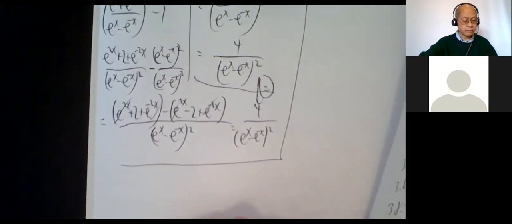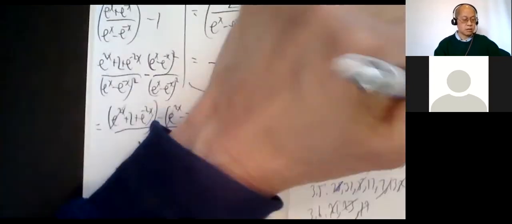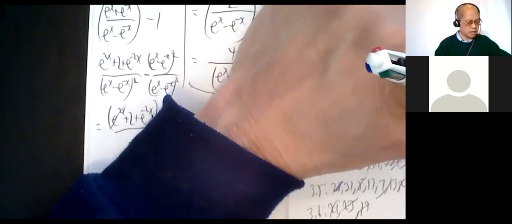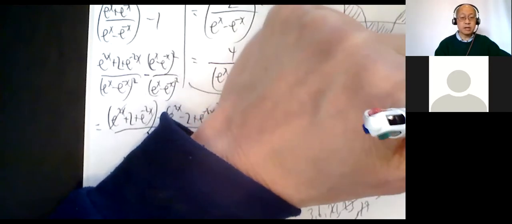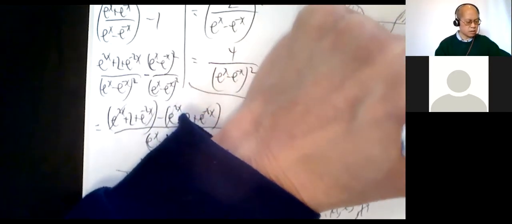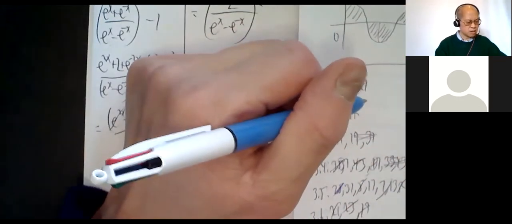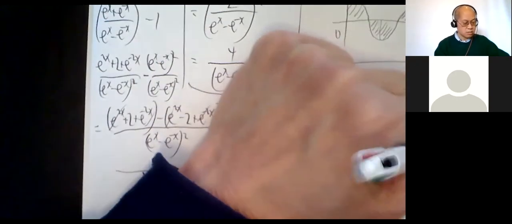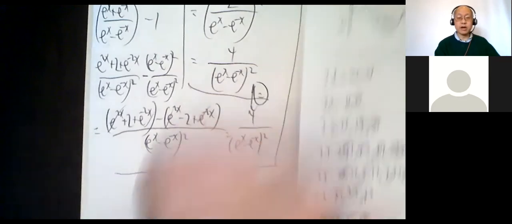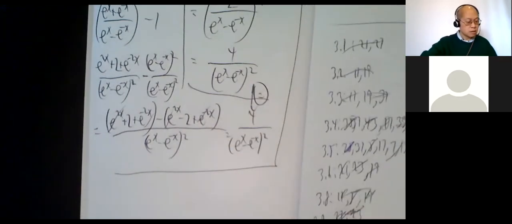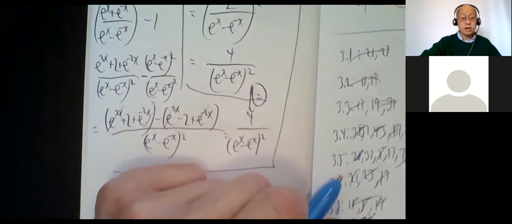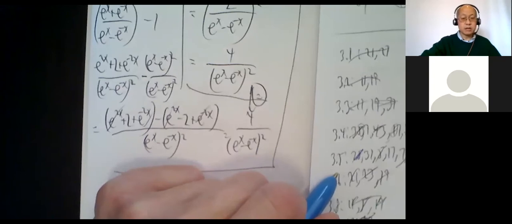Dominique, I got you. 3.9.3, 9.37, 3.10.9.21, 25, I think I already did. 3.11.7, 35, I've already done 13. 3.5.7, I did. 3.7.